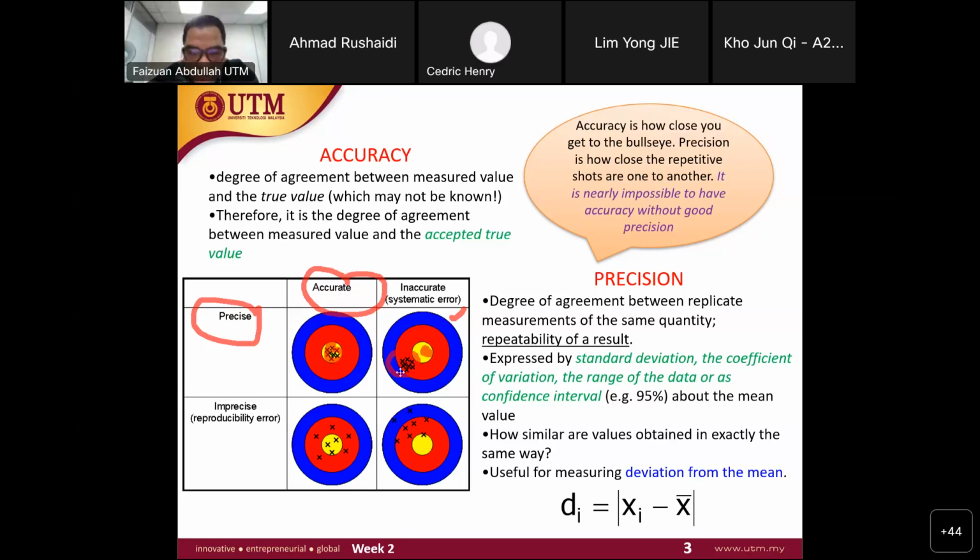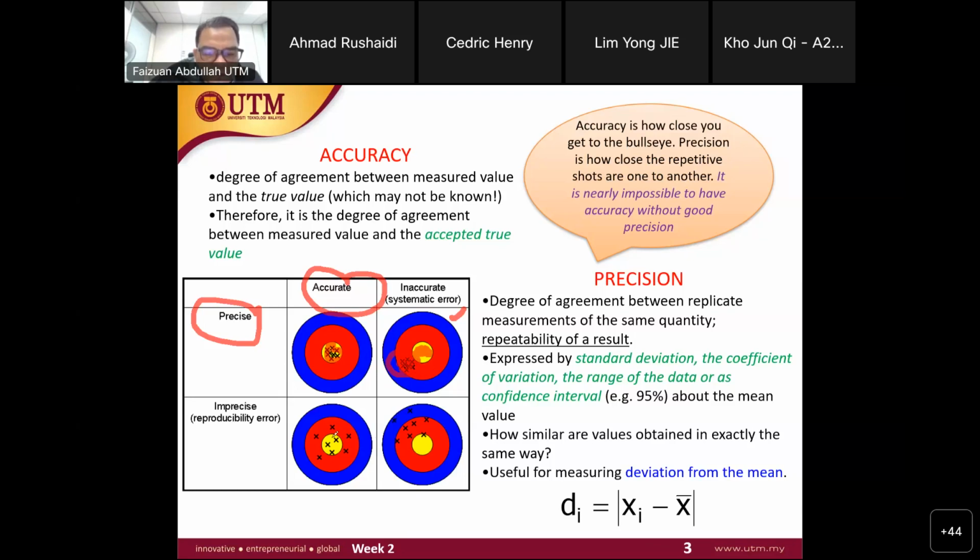No, not accurate, because it is not similar to the true value. Is it precise? Yes, precise, because the results of the analysis are close to each other, right? But this is not accurate.